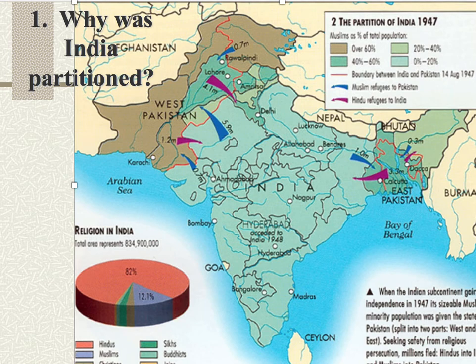So there was the issue over was it going to be one large Indian country or was it going to be divided up? So the British decided that they were going to divide India and have the Hindus and Muslims separate. There were quite a few reasons why.